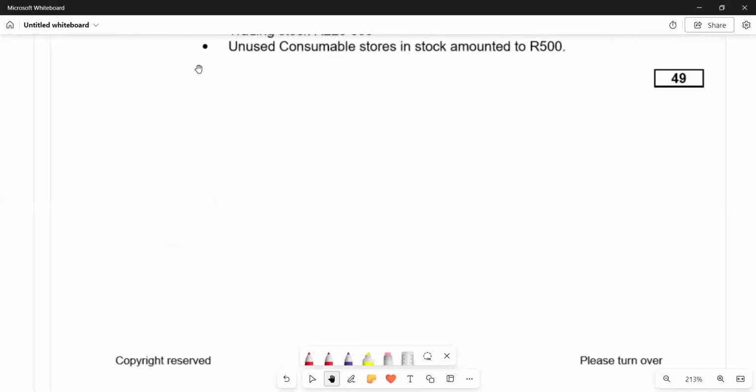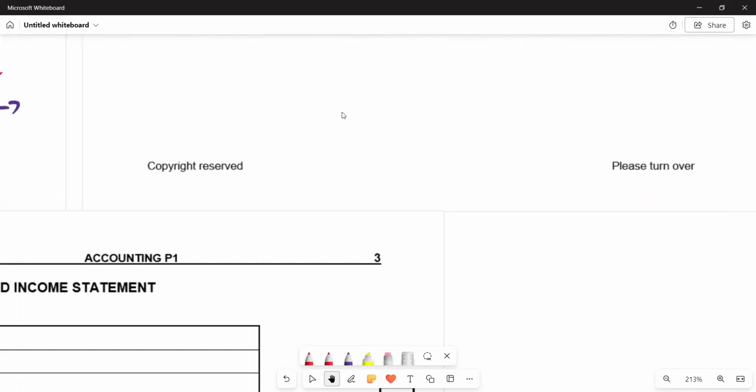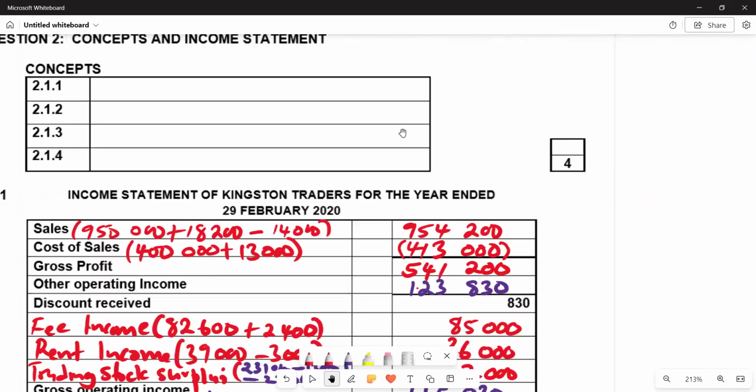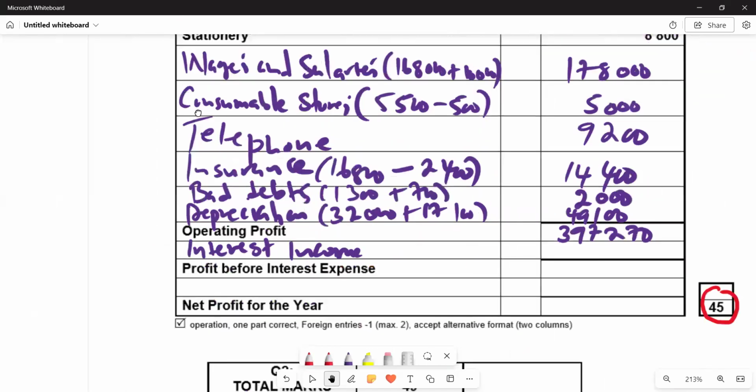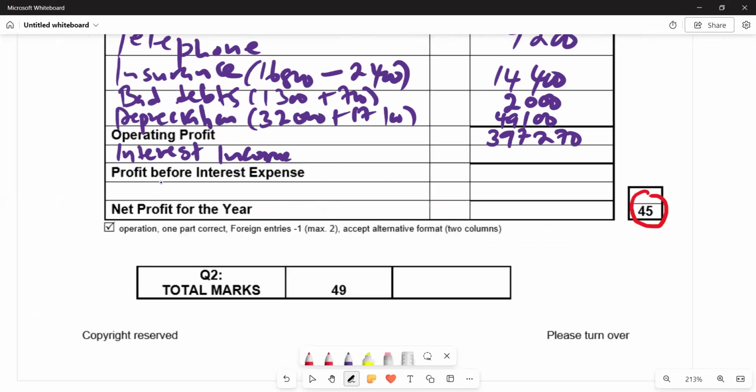So we come here. Here, interest income in brackets, we are saying 900 plus 1,870. And then the total that we are supposed to get is 2,770.